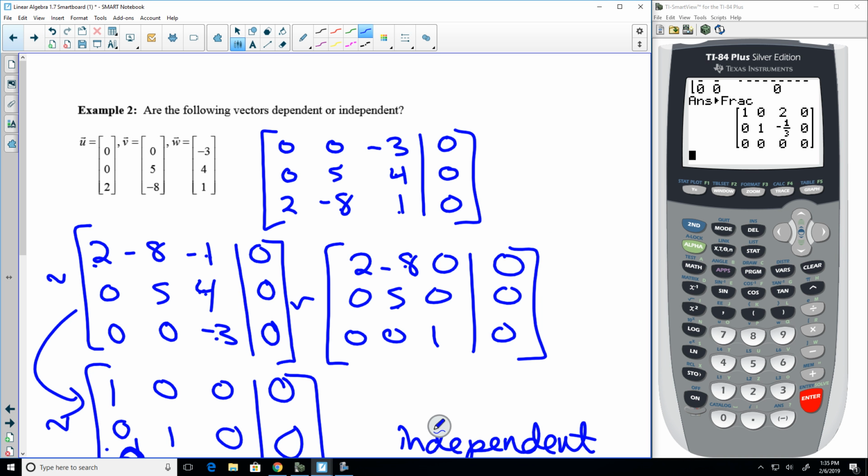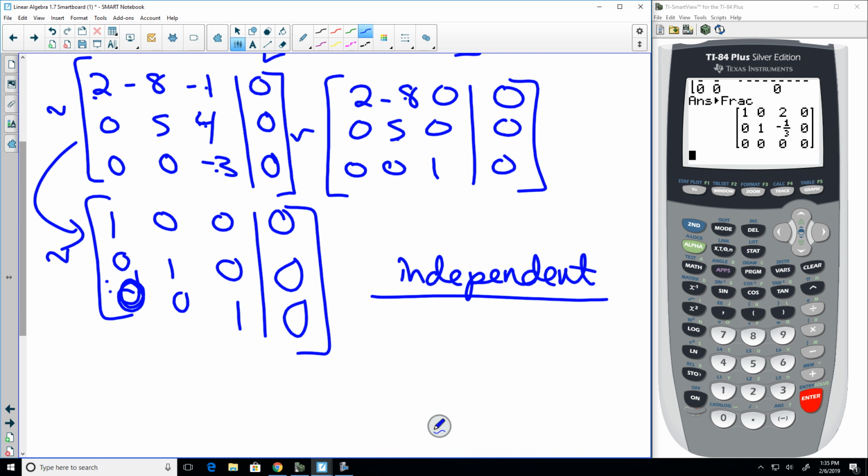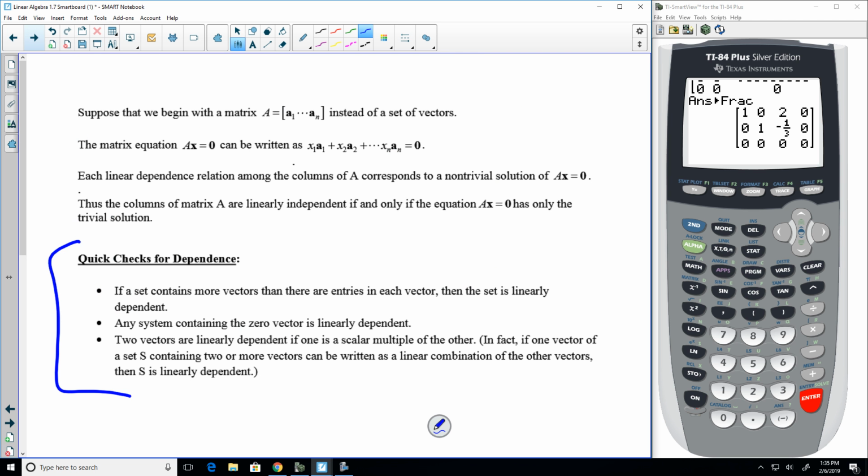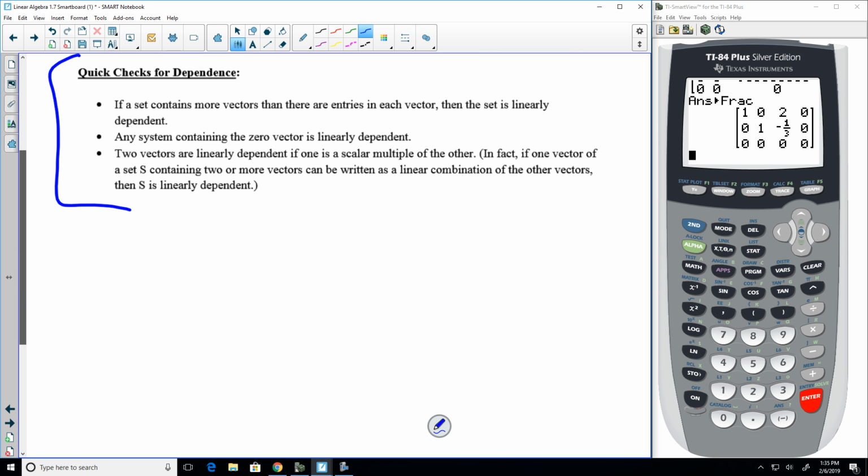If I added another vector on the end, and I had 4 columns and only 3 rows, the first 3 rows would still reduce to this, and that 4th column would have to be a free variable. So if you've got more columns than rows in your coefficient matrix, I'm not talking about when you augment, then it's automatically dependent. You're going to get free variables. Guaranteed.